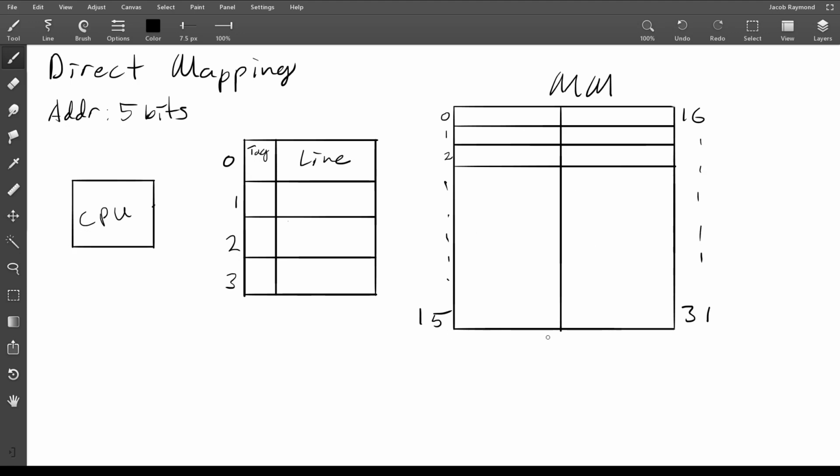So we won't cover that. Obviously, our main memory here isn't even 64 bytes. It's only 32 bytes. But we'll assume here just for now that a line is a single byte, just to make things simple, and we can get into some more complicated examples later.